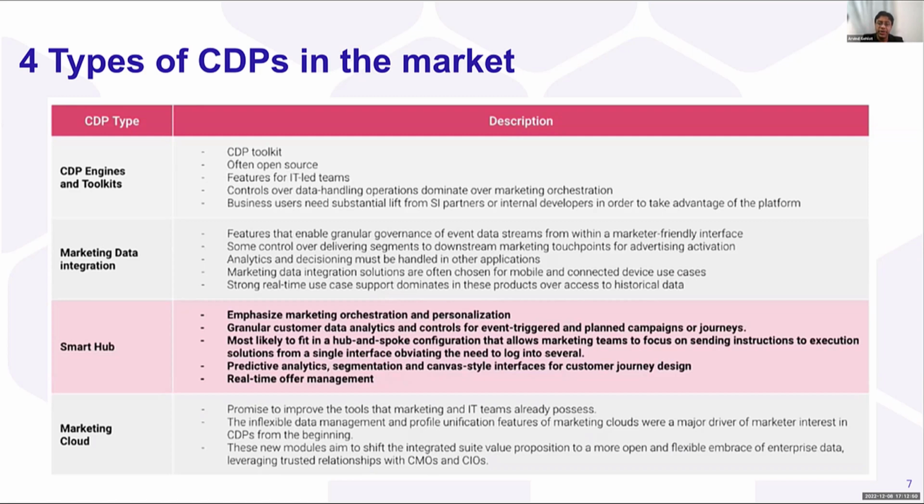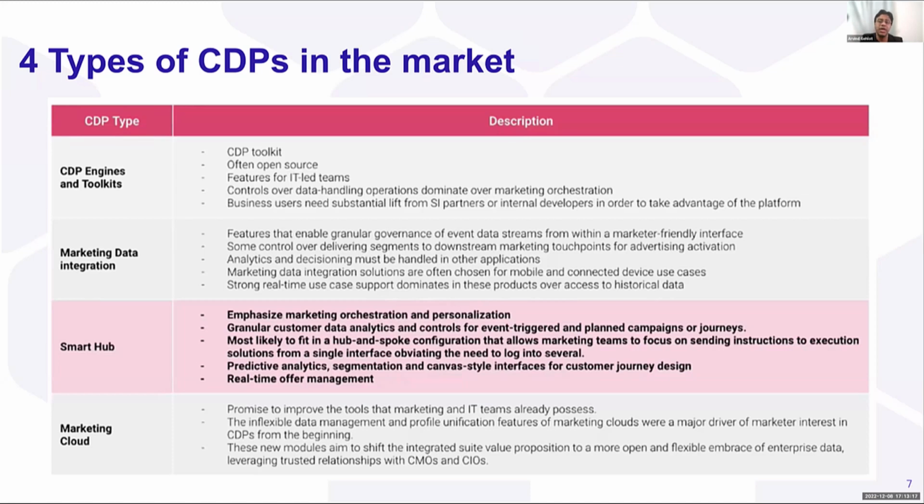The second type is marketing data integration, where execution is done within the ecosystem, which is really great. But analytics and decisioning must be handled in other applications. So actual execution is still within the ecosystem, but there is no analytics and no decisioning, and that must be handled through other systems.